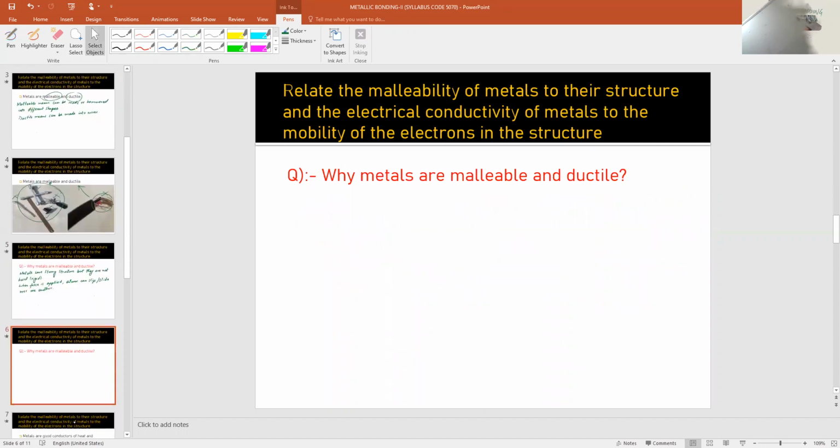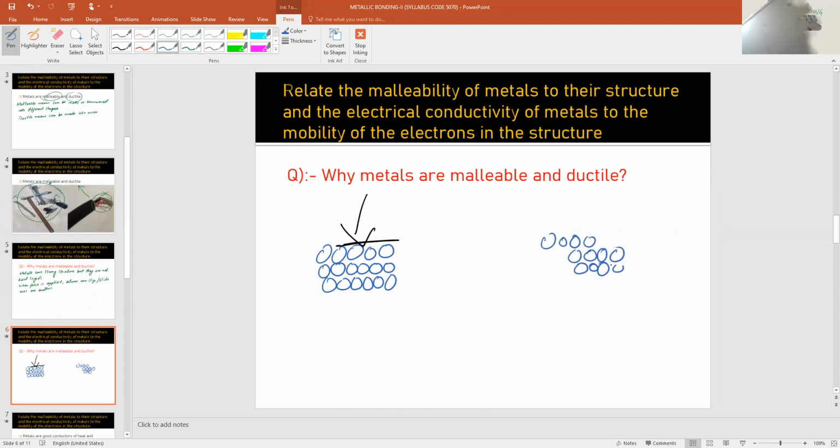I will illustrate it through a diagram. These are the metal atoms, the structure of metal atoms having many metal atoms in it. Now we are applying force from the top. This is the force we are applying. What will happen? These metal atoms will slip over one another.